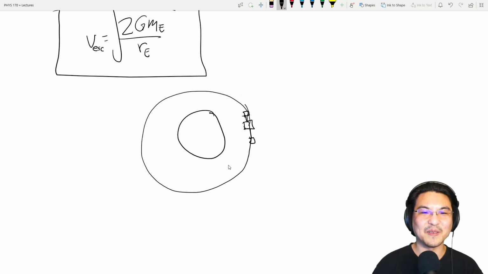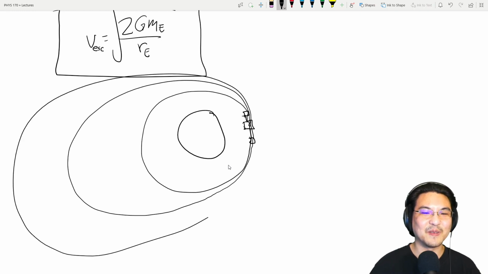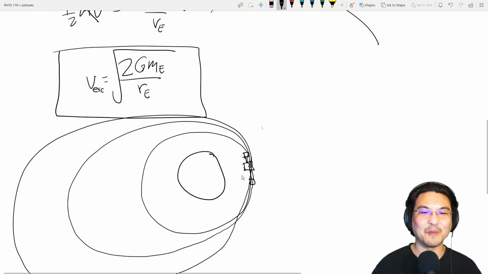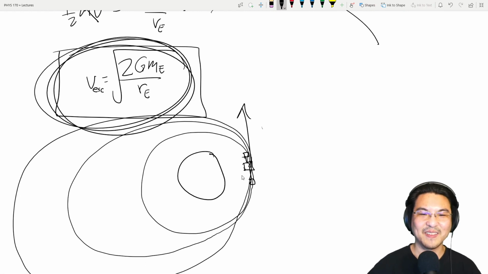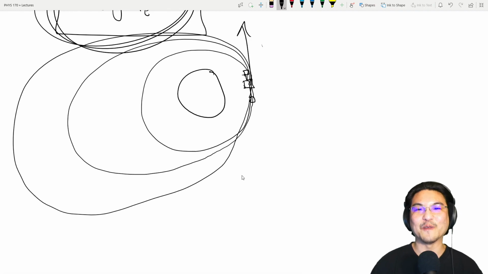Then you'll change your path to a different shape ellipse, and then you hit your thrusters again, and you're in a different shape ellipse. But you're still caught in Earth's gravitational potential energy. So you would need to kick in some thrusters so that you go faster than this, and then you escape Earth's what we call sphere of influence.